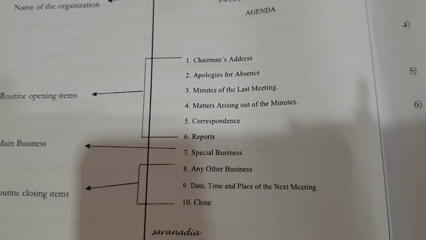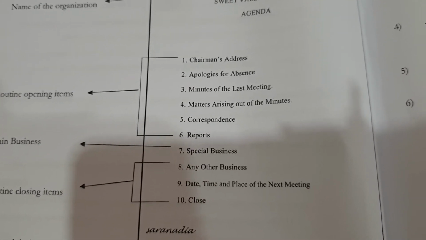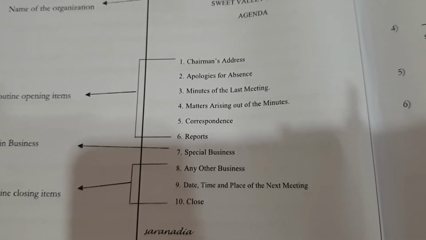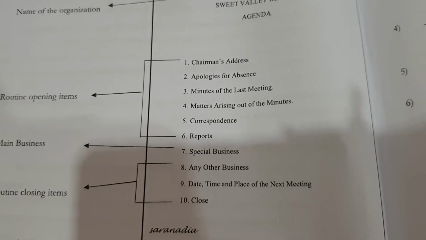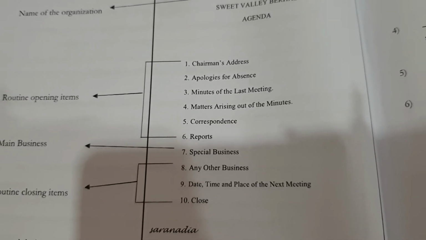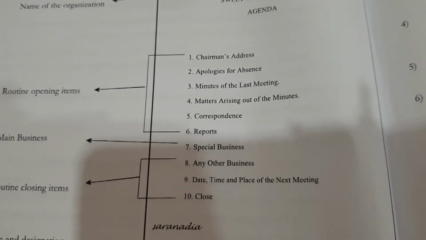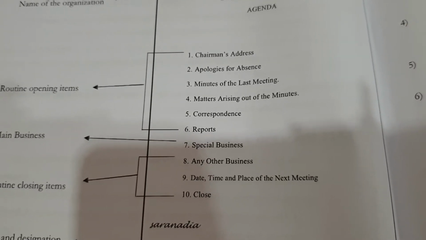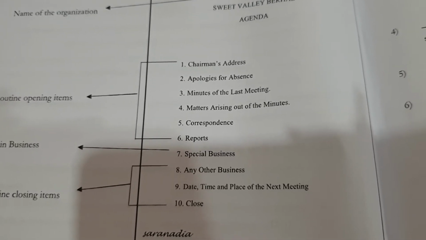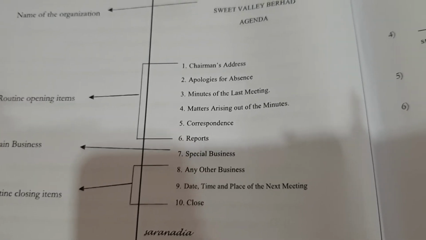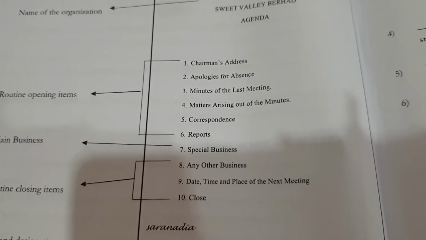Then you write something underneath chairman's address, whichever is relevant, and then you leave one space. You move on to the second heading, which is apologies for absence. It must follow whatever you have written in the agenda. It can't be, for example, first heading, chairman's address, second heading, matters arising, third heading, apologies for absence.